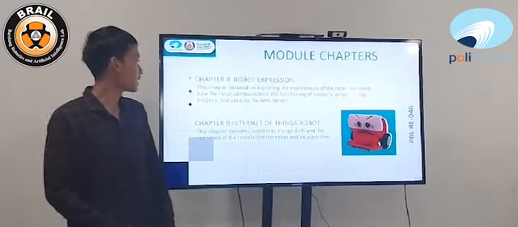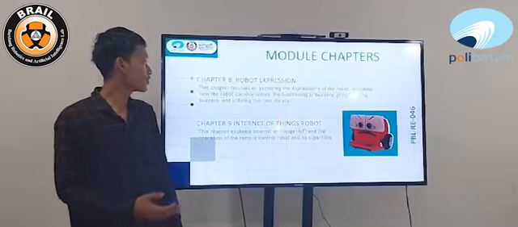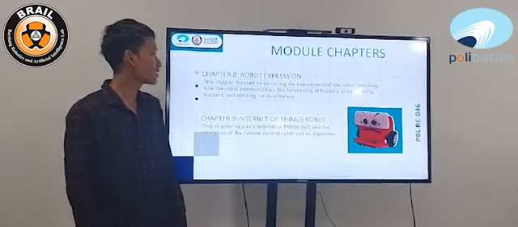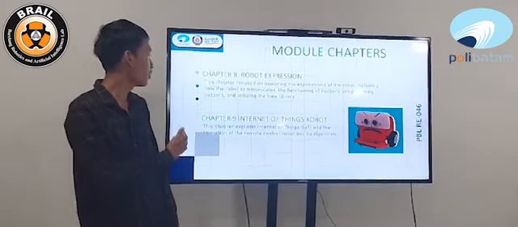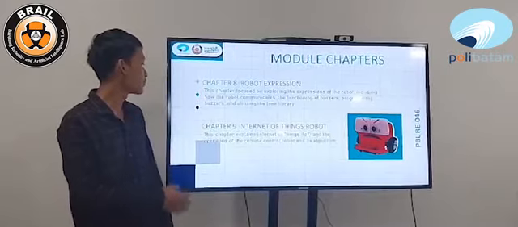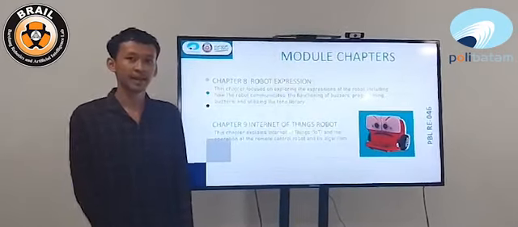And next, chapter 8, robot expression. This chapter focuses on exploring the expression of the robot, including how the robot communicates, the function of the buzzer, programming the buzzer, and utilizing the tool library.